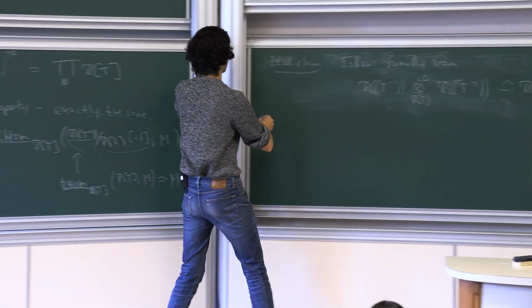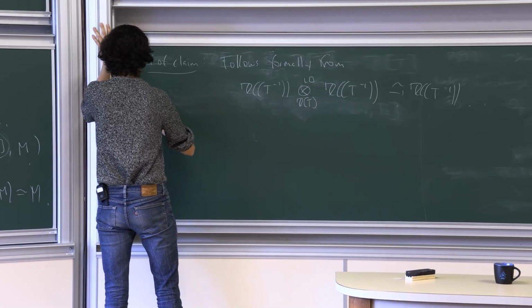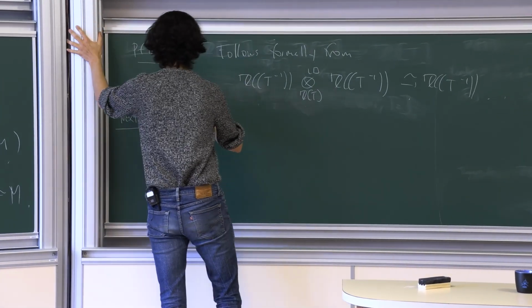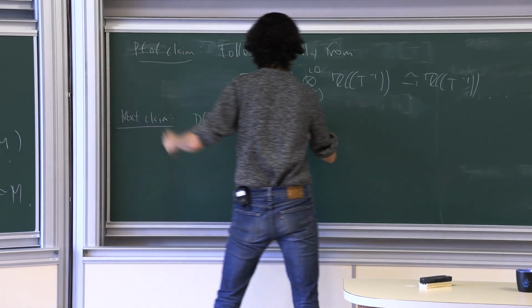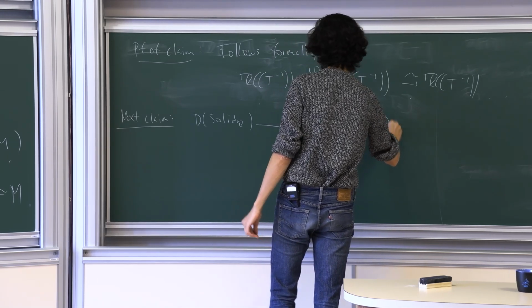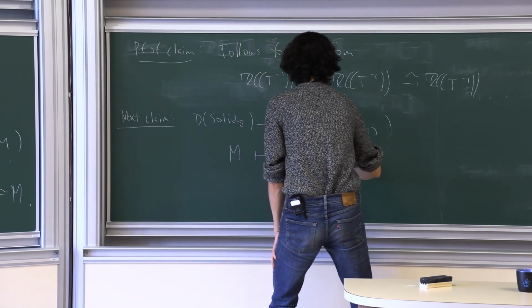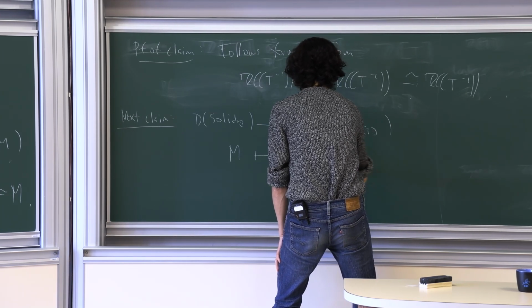So next claim is that the functor, the sort of pullback functor from solid Z to solid ZT, sending a module M to M tensor Z ZT, and then you solidify.